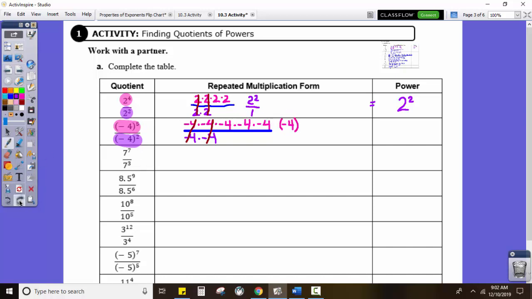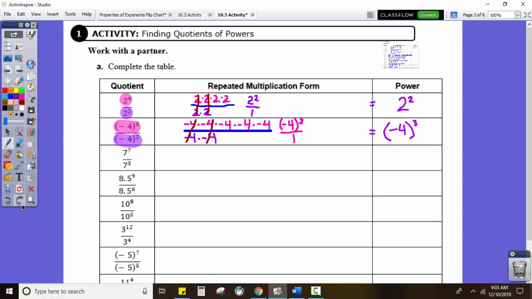So I have negative 4 to the 3rd, and over nothing in the denominator, so over 1. So for my power, I just have negative 4 to the 3rd. Make sure you put the parentheses around it to show the negative goes with the 4. I want you to start thinking about how these exponents, 5 and 2, relate to the exponent for the answer, which is 3.